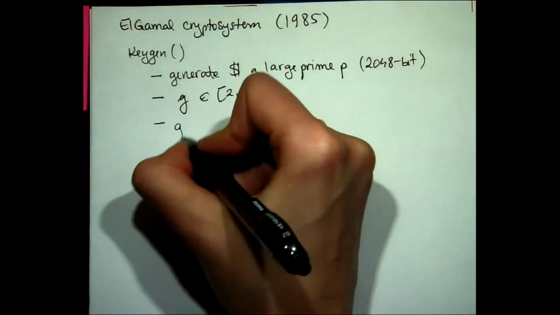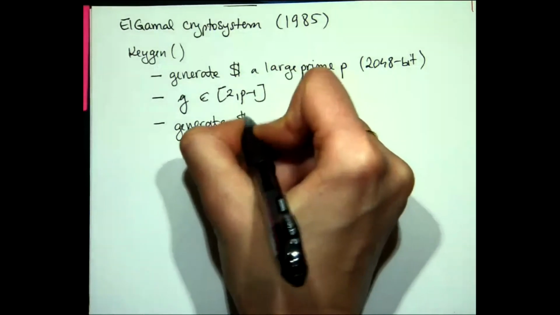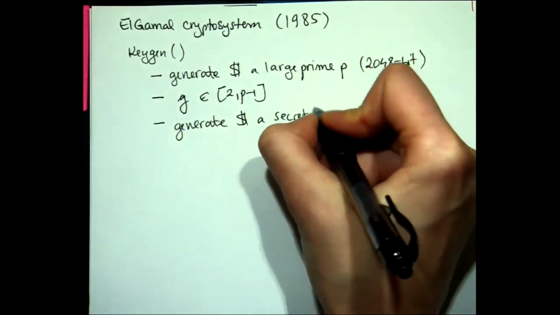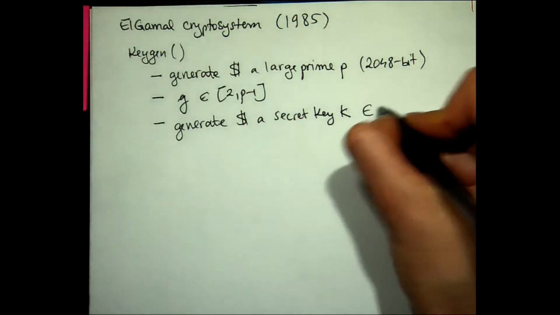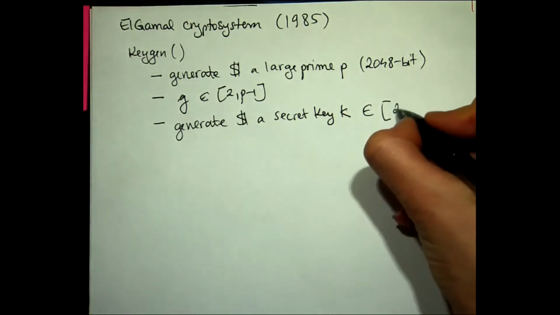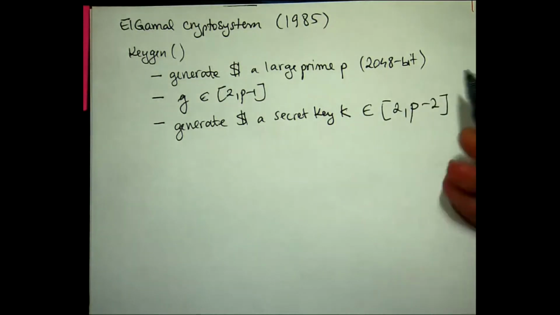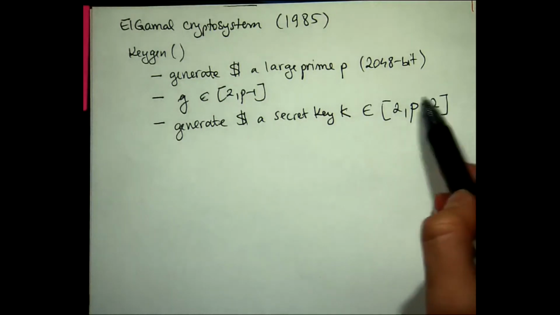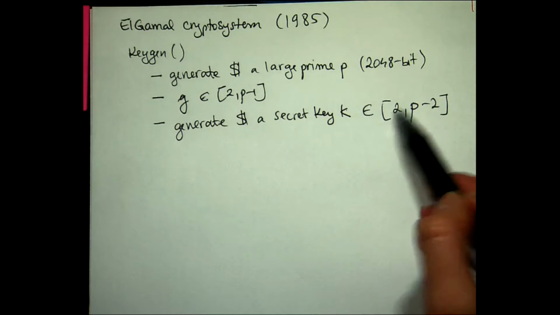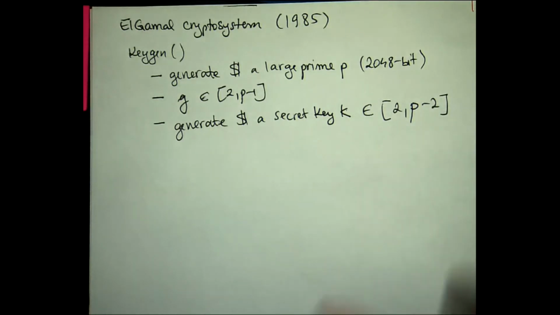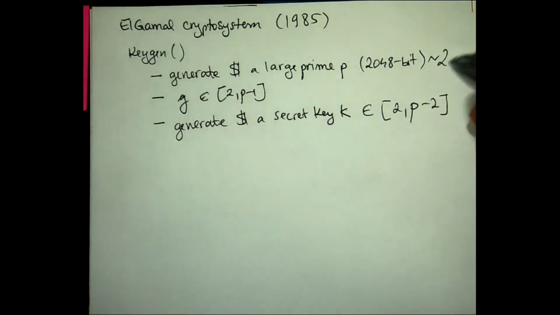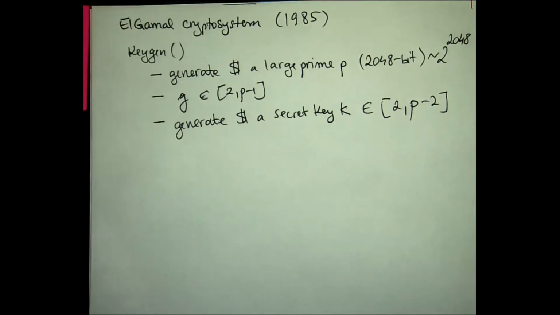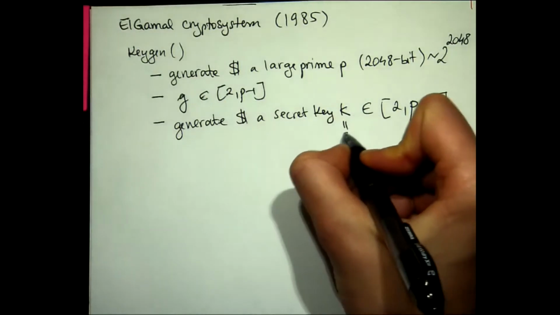Then we're going to generate randomly the secret key, so randomly a secret key K. Again, the key K is going to be in the range 0 to P minus 1, but honestly, the chance that a 0 or a 1 or a P minus 1 will be chosen upon random selection is very, very small, because this P is on the order of 2 to the 2048 bits. Okay. So this is going to be our secret key.